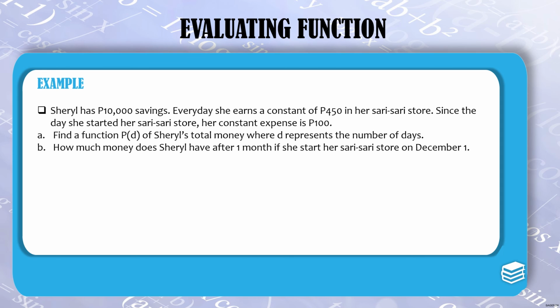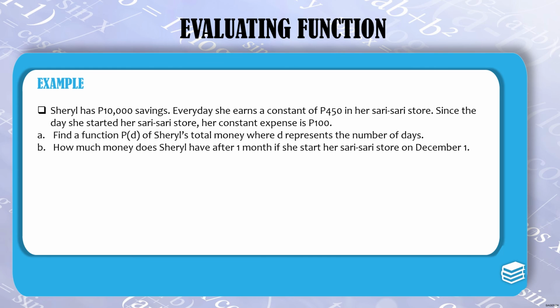So, katulad lang ito nung una nating ginawa nung week 1, yung nagpo-formulate tayo ng function. Sabi dyan, si Cheryl ay may 10,000 savings, initial. Ngayon, fix ang kanyang kita sa sari-sari store, that is 450. Ang fix naman niyang gastos ay 100 pesos.